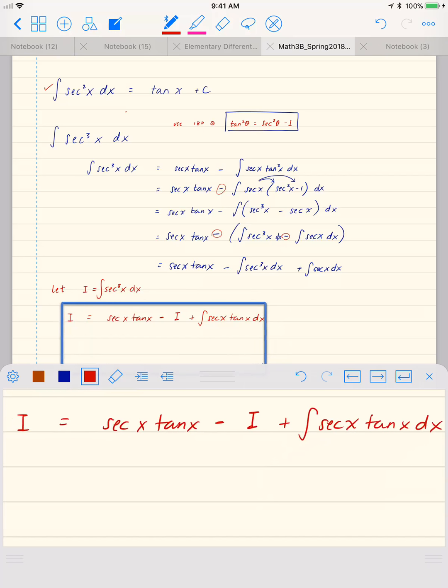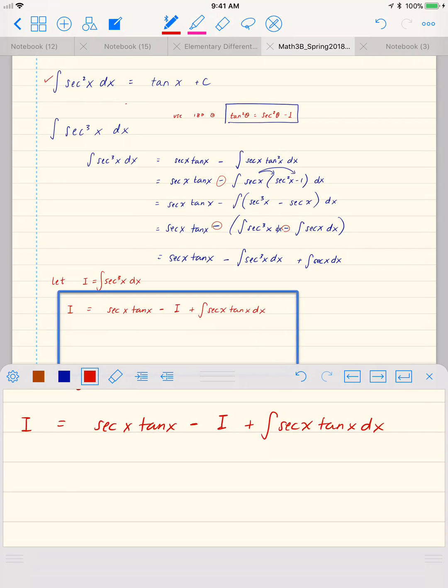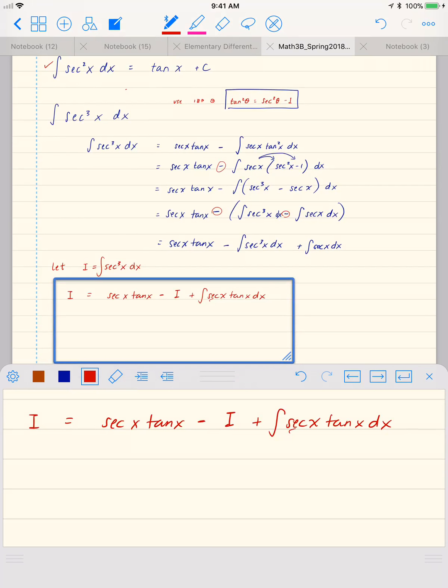And we know that the integral of secant x tan x dx is going to be secant x because the derivative of secant x is secant tan. So we've got secant x tan x minus I plus secant x, and all of this is equal to I.